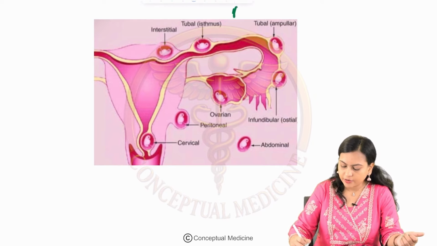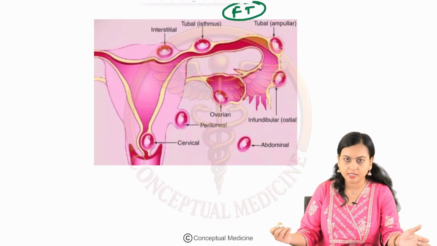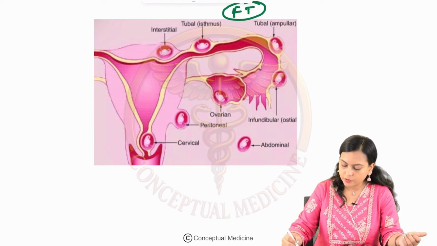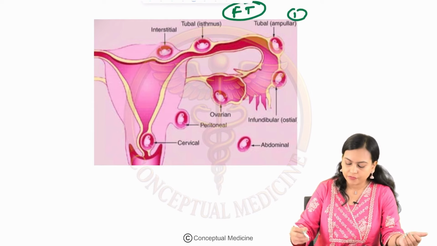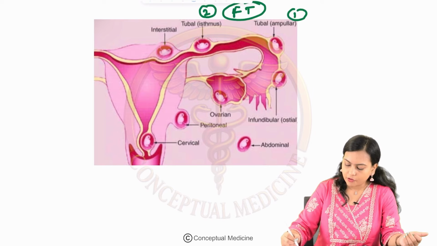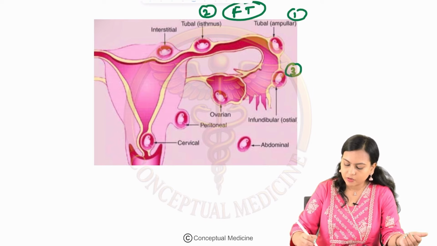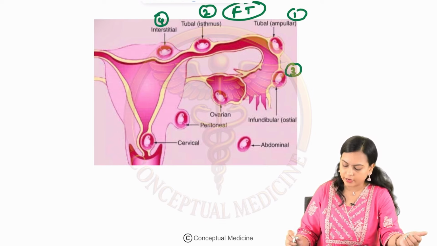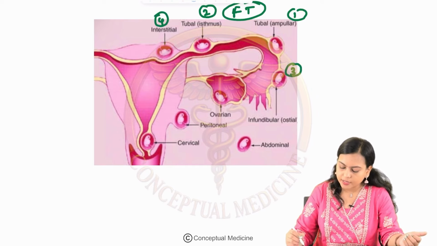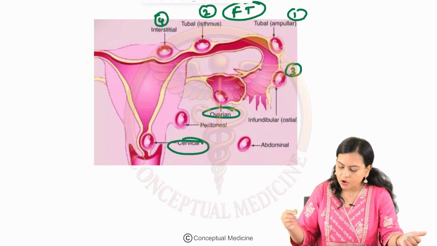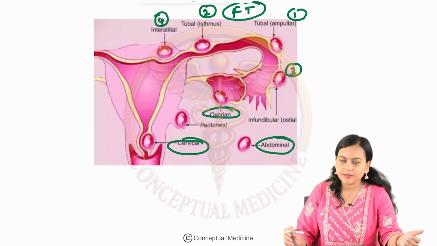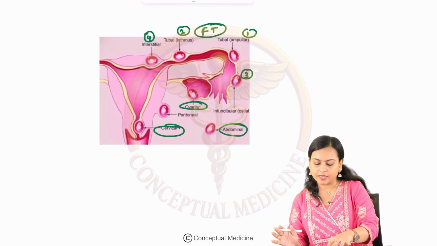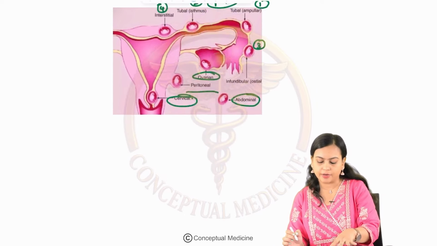The fallopian tube is the commonest site: the ampulla first, followed by the isthmus, the infundibulum, and then the interstitial. Then the ovarian ectopic is the second most common site. You can also have a cervical pregnancy in the cervix, an abdominal pregnancy in the abdominal cavity, or even a peritoneal pregnancy.